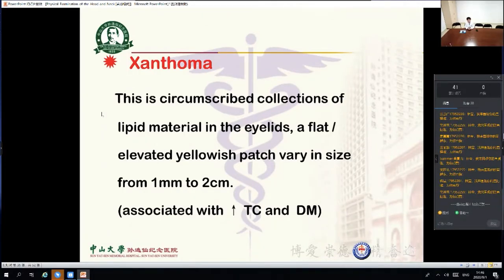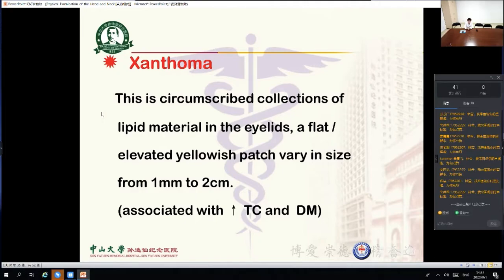And then I would like to introduce the xanthoma. What is xanthoma? This is circumscribed, which means well-rounded collections of lipid material in the eyelid.